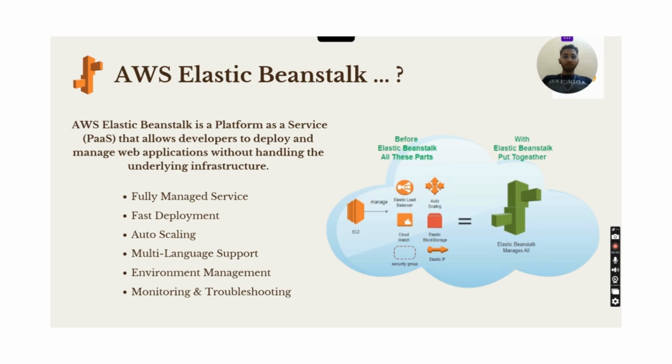Secondly, it enables fast deployment of applications with minimal configuration. It also supports multiple programming languages, including Python, Node.js, Java, and many more. It also provides auto-scaling and built-in monitoring and troubleshooting for performance insights. Thus, in simple words, Beanstalk lets you focus on coding while AWS handles the heavy lifting.